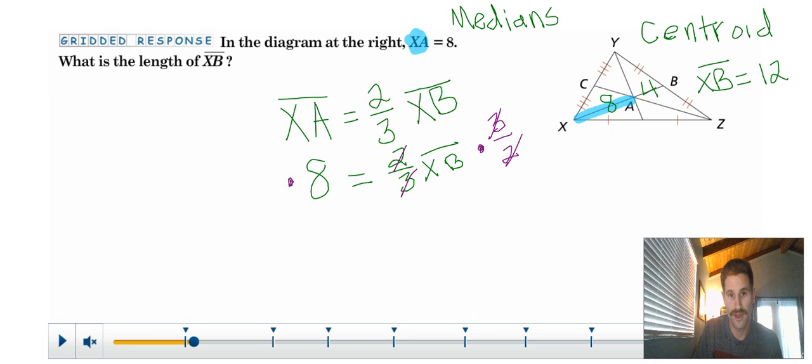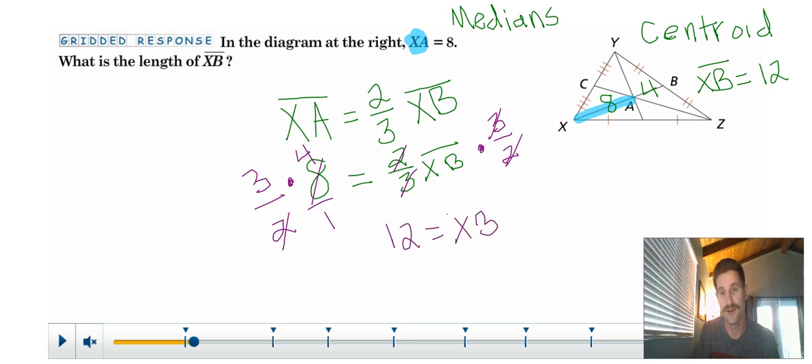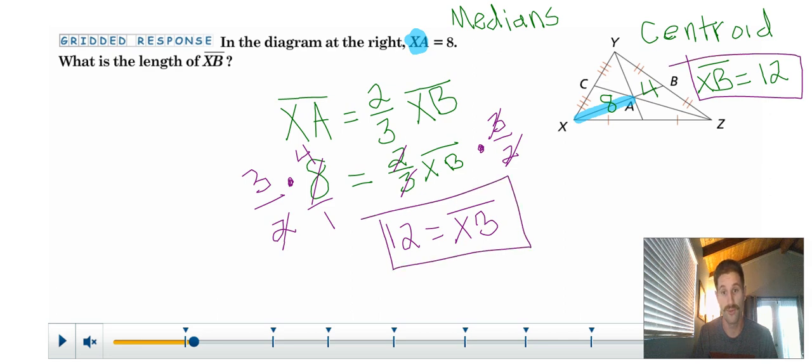We want to multiply straight across, and then divide, or we can reduce to start. So I'm actually going to reduce. 2 goes into 8 4 times. 4 times 3 is 12. So 12 equals XB. Okay? So make sure you got all that written down, the problem, the picture, and all of our work. Either way we look at this problem, there are 2 methods, and we both get 12 equals XB.